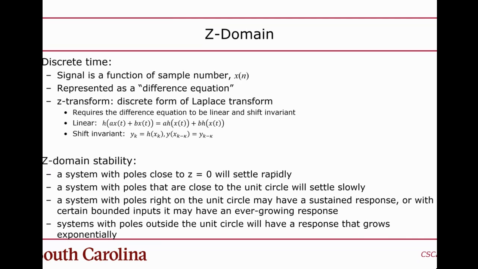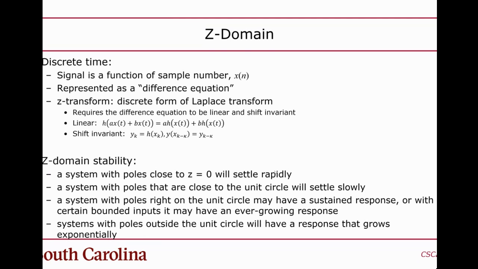A system with poles that are right on the unit circle may have a sustained response, or for certain bounded inputs, it may have an ever-growing response. So basically, that means that if you're on the unit circle, you may or may not be stable. I know that sounds kind of wishy-washy, but that's how it is with the Z domain.